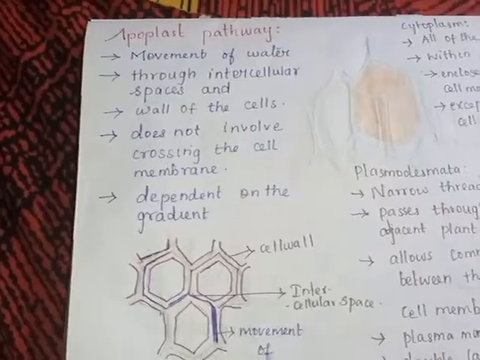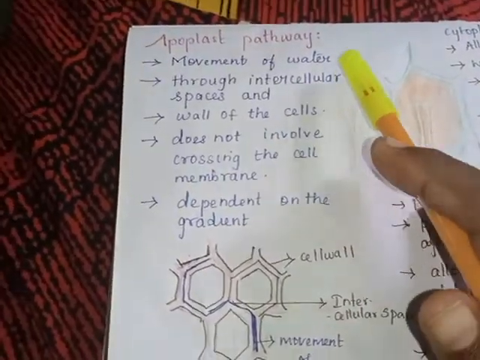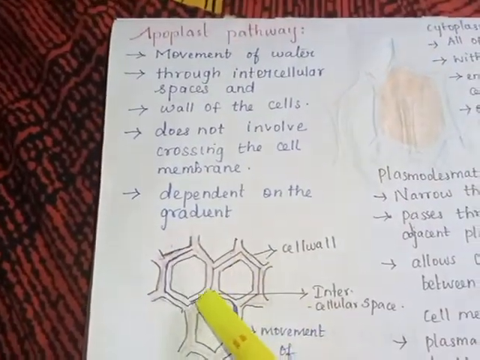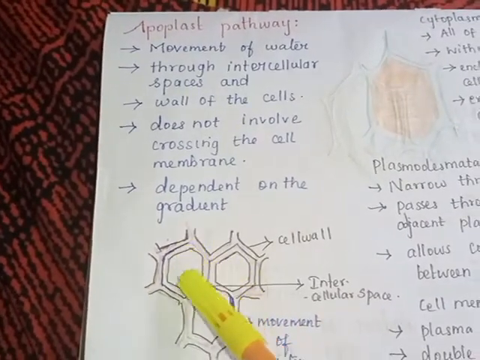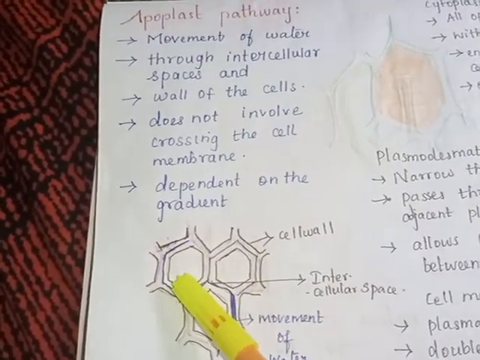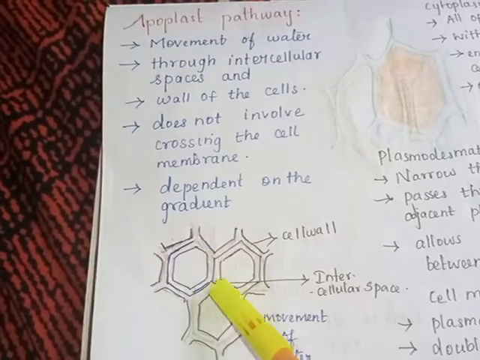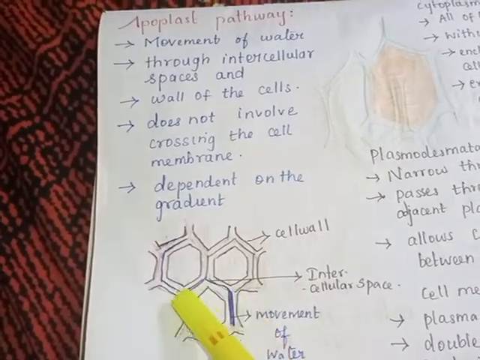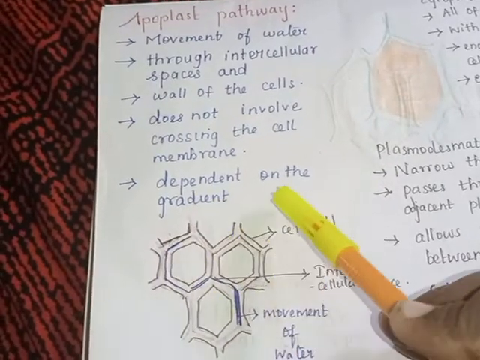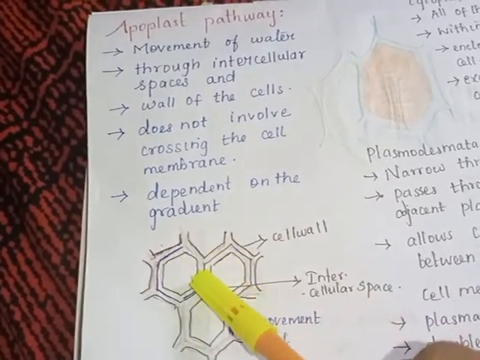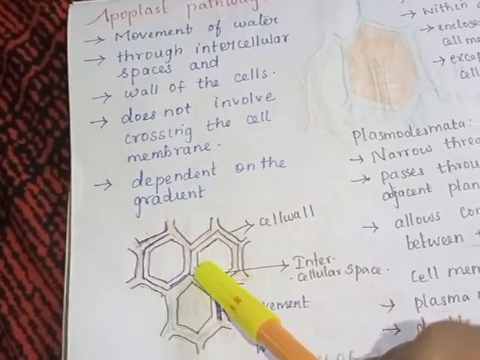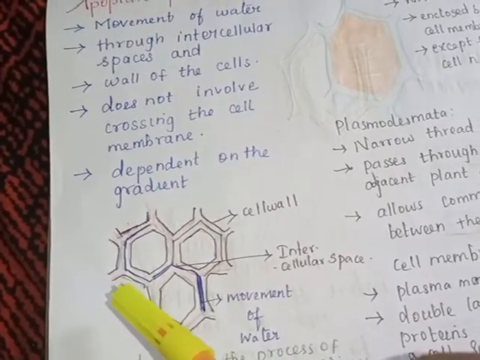So see here, this is an intercellular space. This is one cell and this is the other cell. The movement of water through intercellular spaces and the wall of the cell.